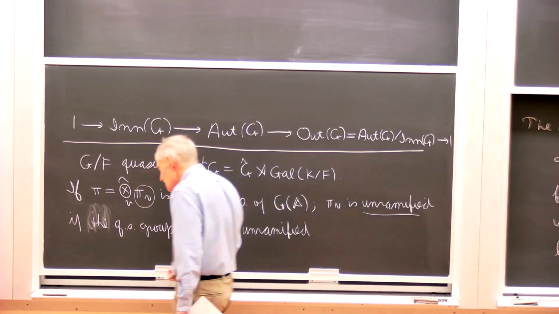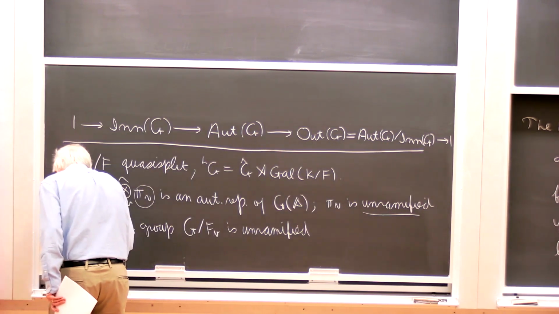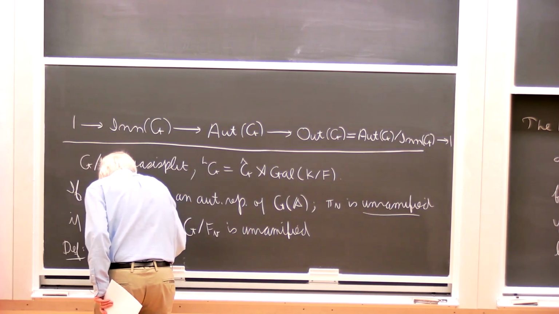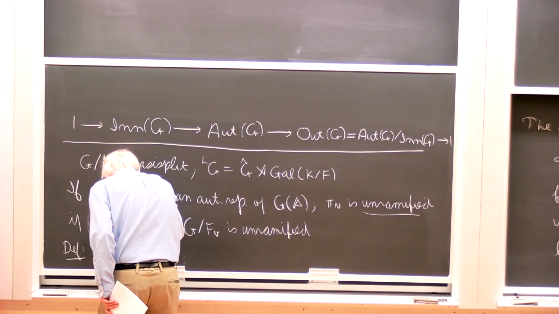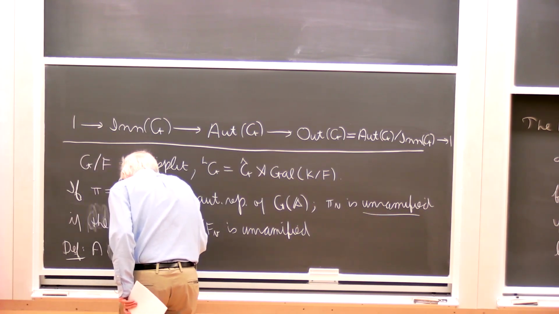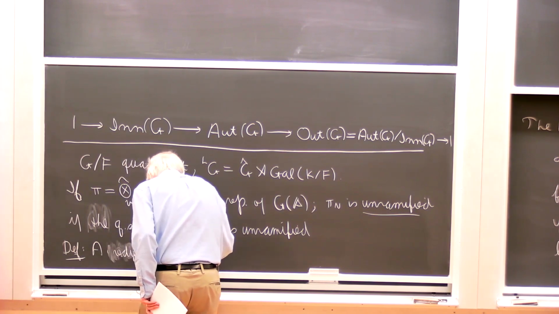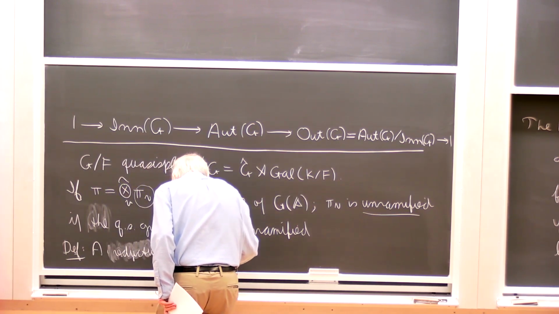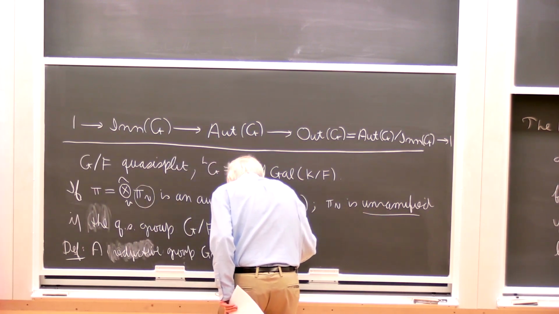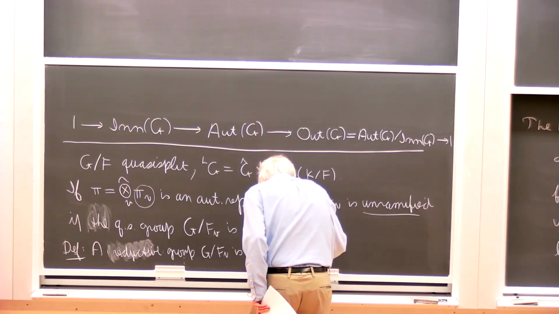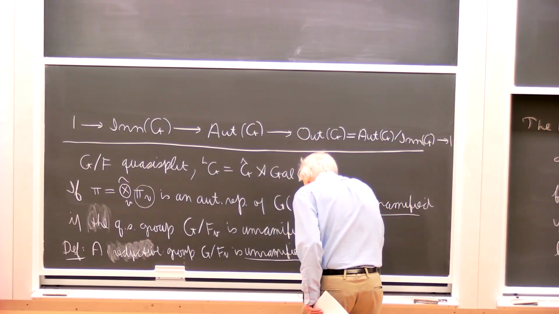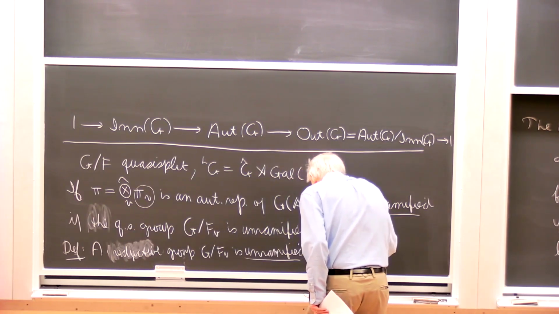So, definition. A group, let's say a reductive group, G over F_v is unramified if, first of all, it is quasi-split.